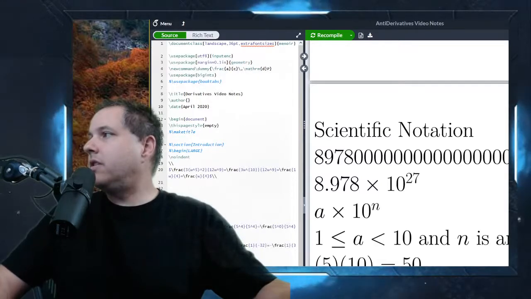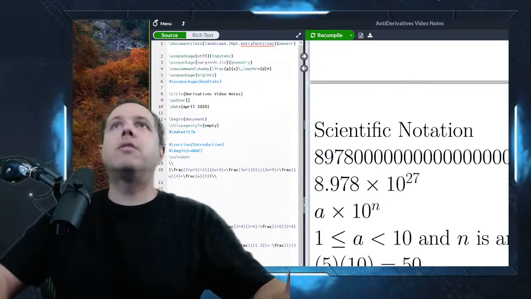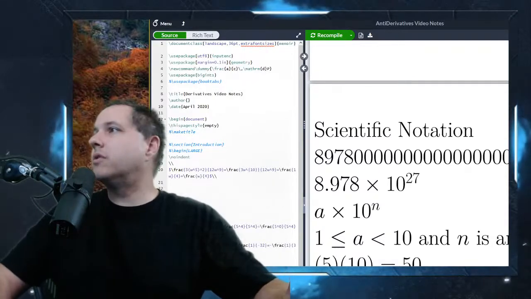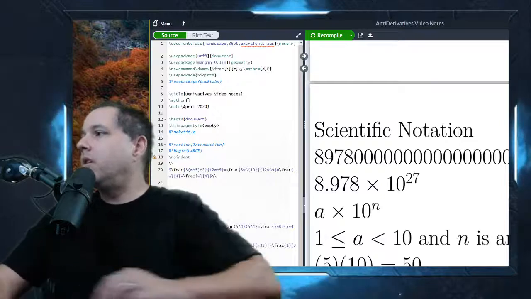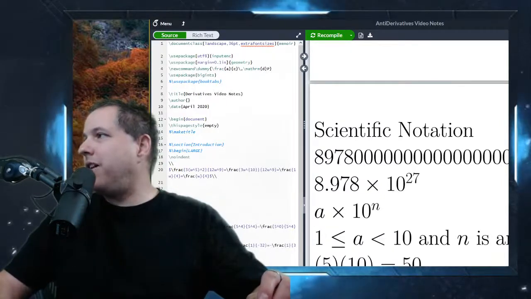And then this one, some of you have already done it, which is fine, but you don't have to do it until after the test. And I think there's one more in there. What's it called? Oh, I was in the wrong screen. The scroll bars are set up weird on Delta Math. It's kind of annoying.